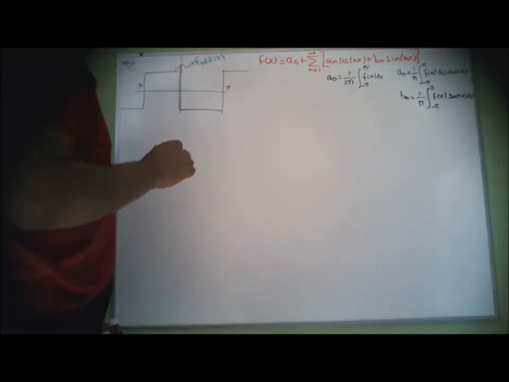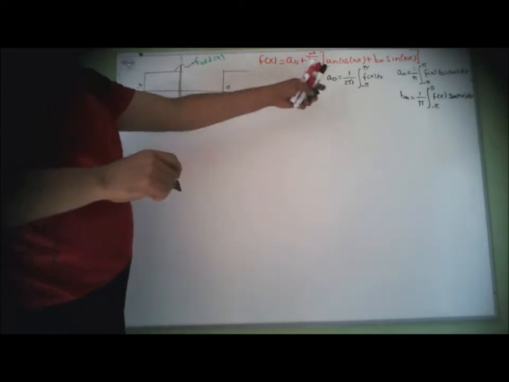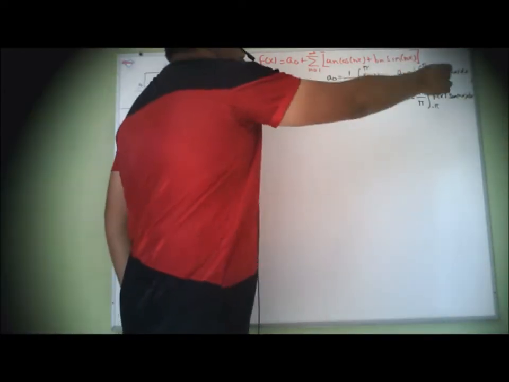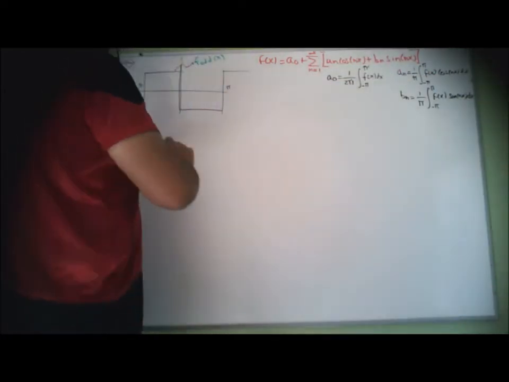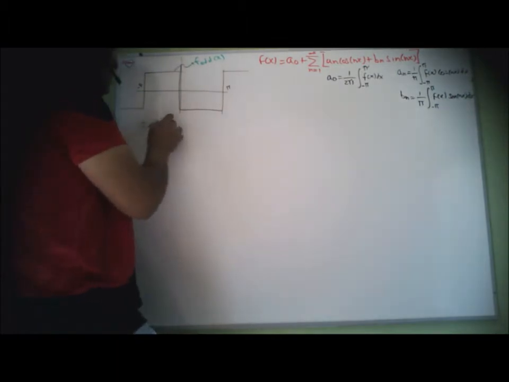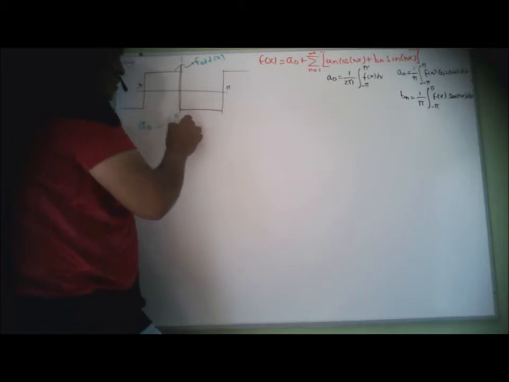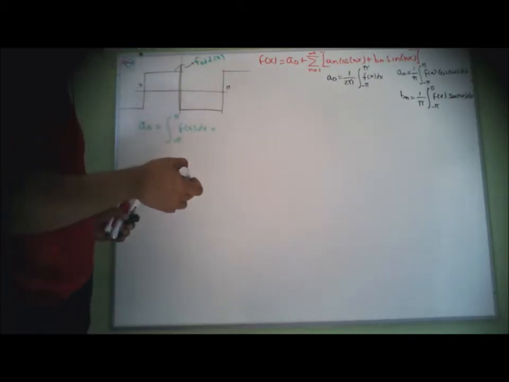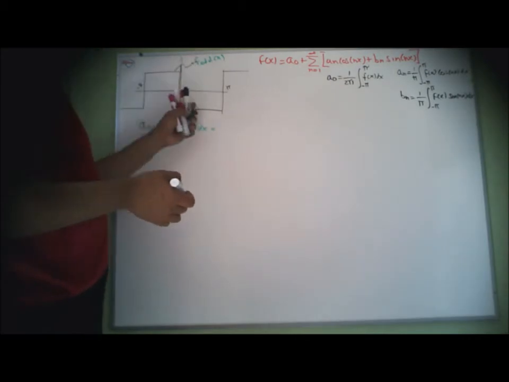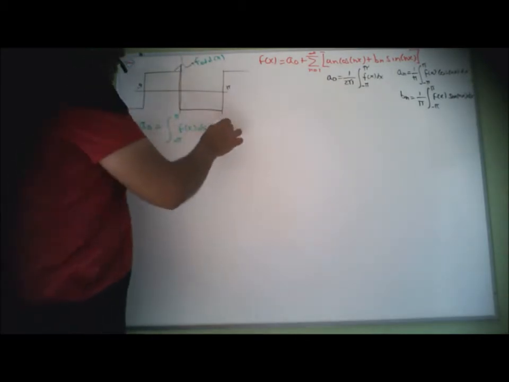Okay, so now let's calculate the coefficients. The coefficients is just to apply these formulas. So let's start with the first one. A0 is going to be the integral from minus pi to pi of the function f of x differential of x. Now, because f is an odd function, then the integral is going to be 0.